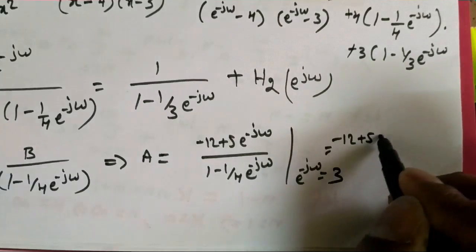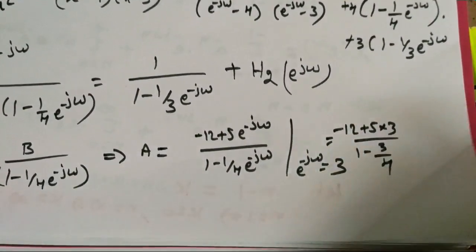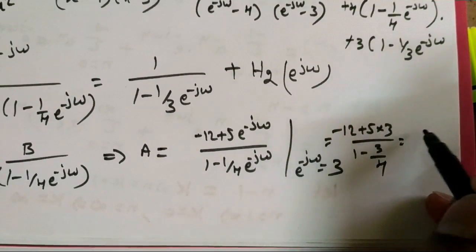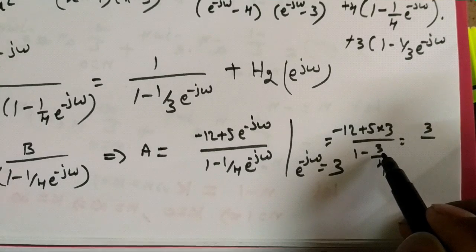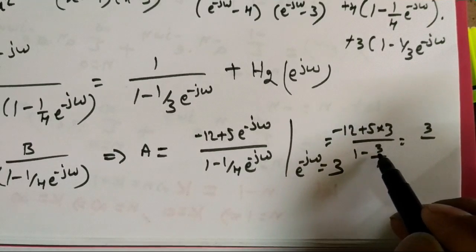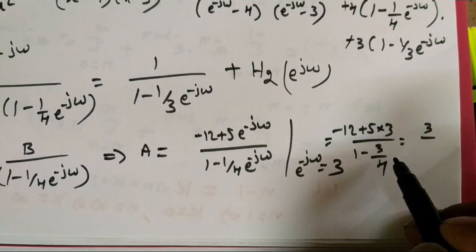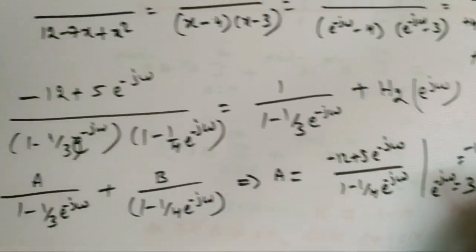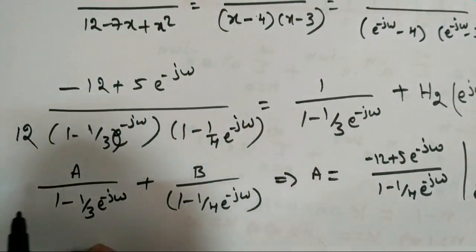Minus 12 plus 5 into 3 by 1 minus 3 by 4. So 15 minus 12 is 3. So what is this? 1 minus 3 by 4. Here I forgot to write 12 here, right?